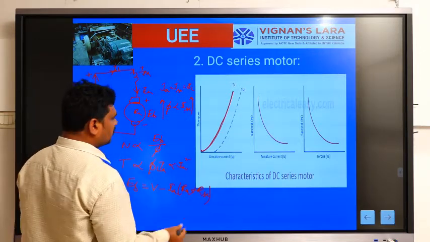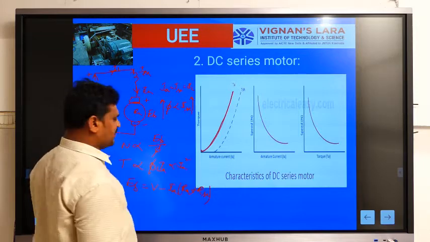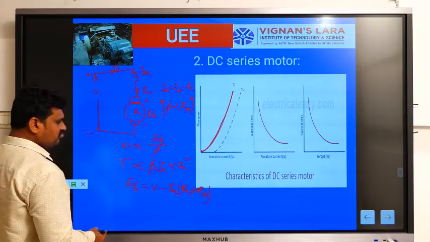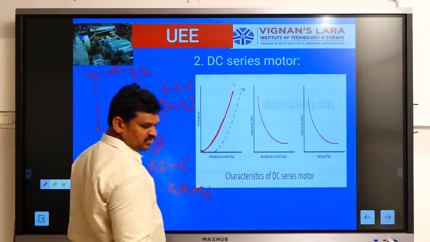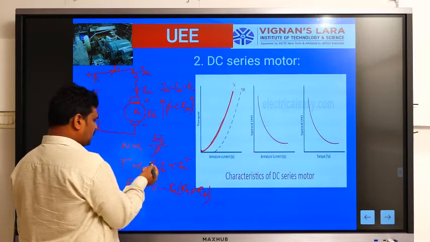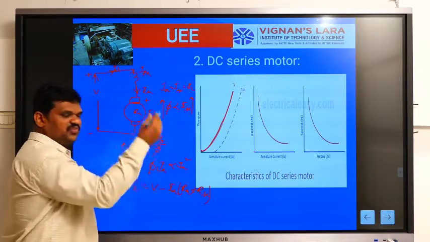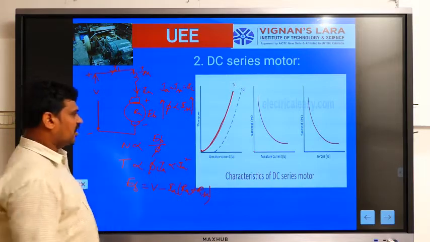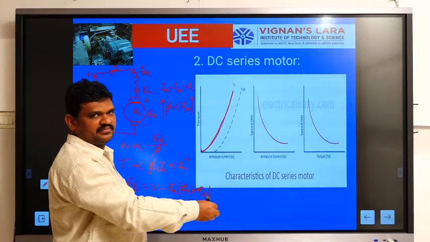Next, the speed versus armature current characteristics. When the armature current is zero, there is no load, which means the flux is zero. When the flux is zero, the denominator is zero, so N is infinity. So at the starting, we get a high magnitude of speed.